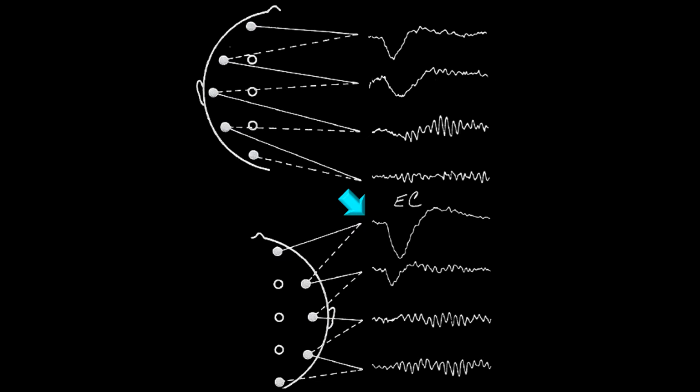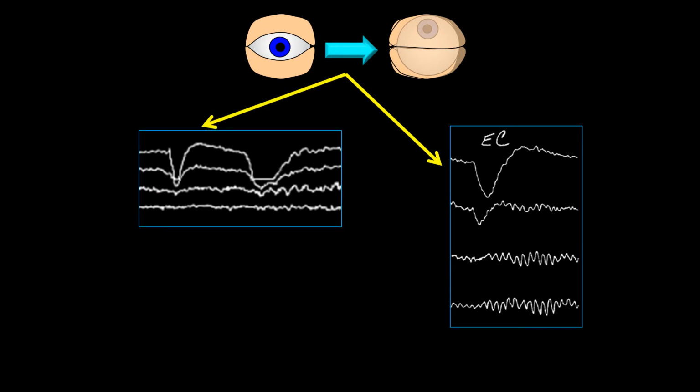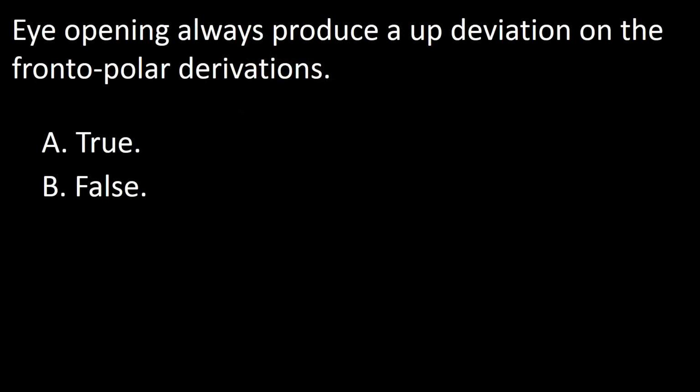Here is the typical presentation of eye closure, which is a monophasic wave going from anterior to posterior. Yet, this is not the only type of pattern that we see with eye closing. This is another view of eye closing. As you can see, the activity seems to be much larger than in the prior example. So the answer to this question is false.